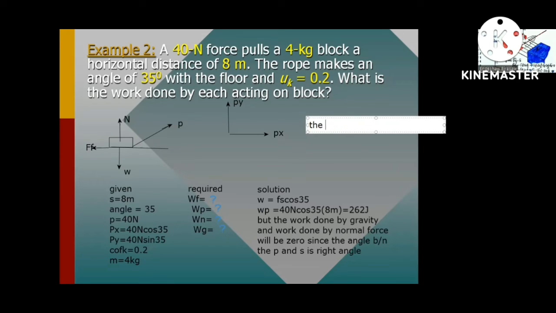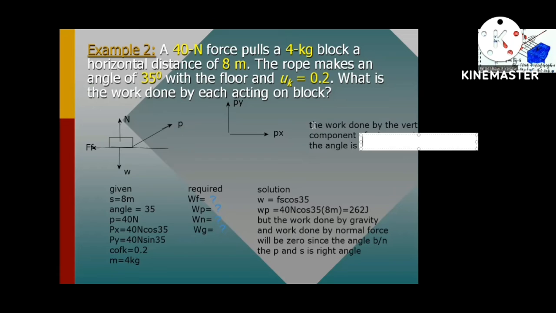The work done by the vertical component of P is zero, since the angle is 90 degrees, or a right angle. And the vertical force will be zero.